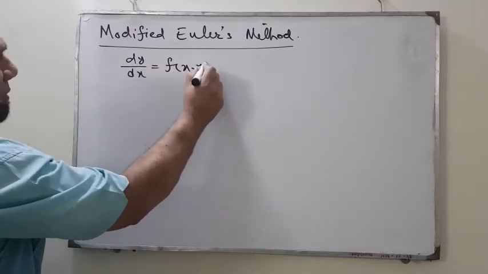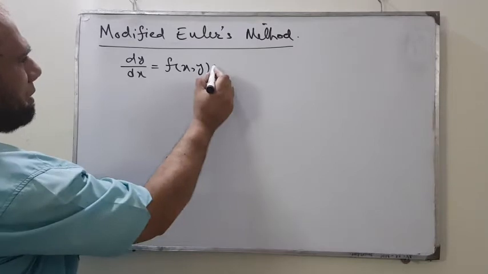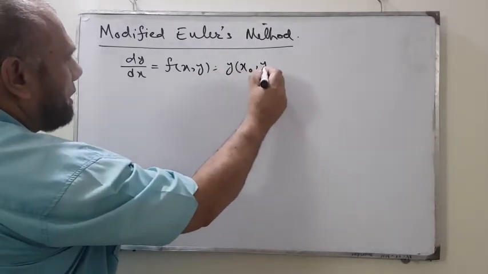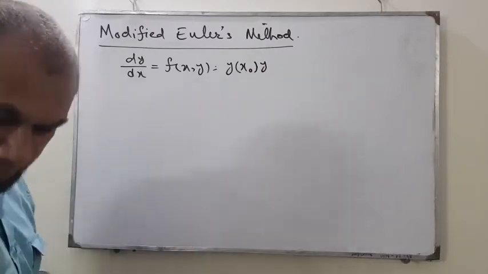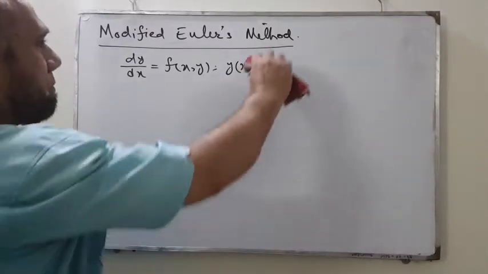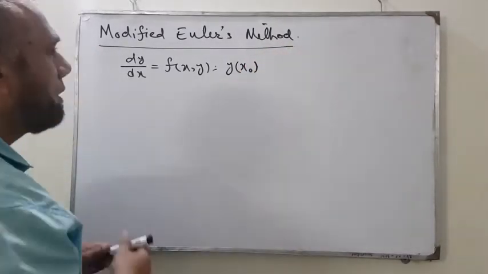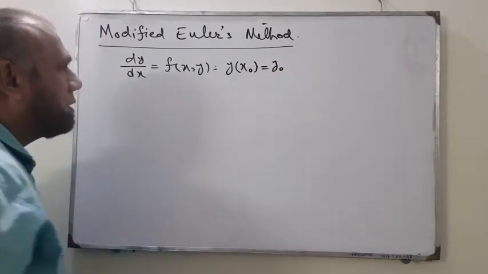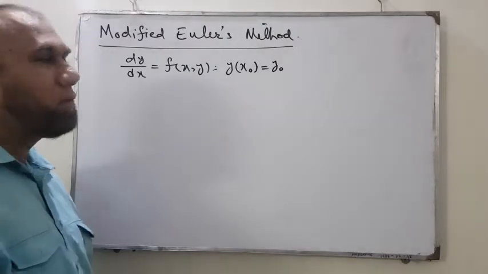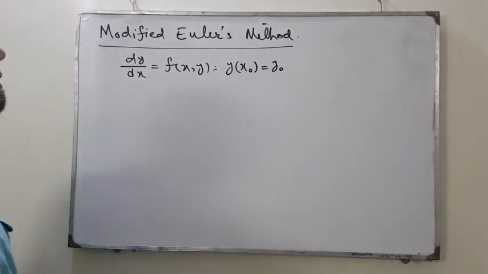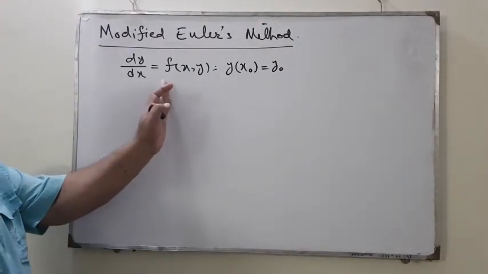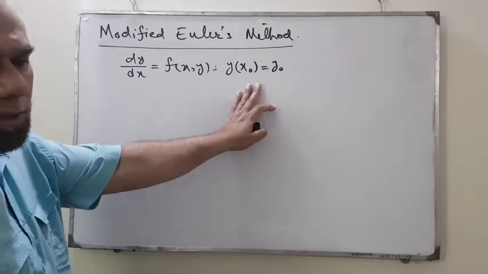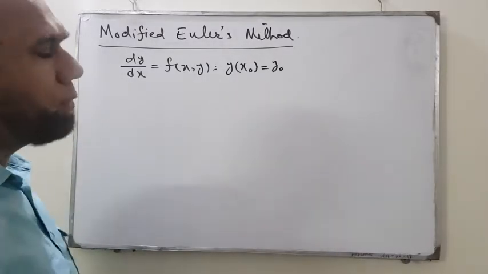This is the general form of the differential equation along with the initial condition y of x0 equals y0. This is the first order differential equation along with the initial condition, so we can call it an initial value problem.